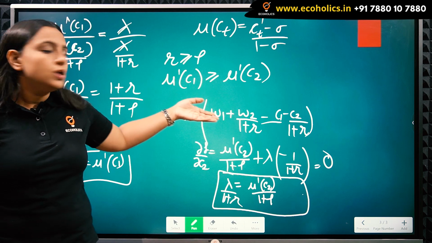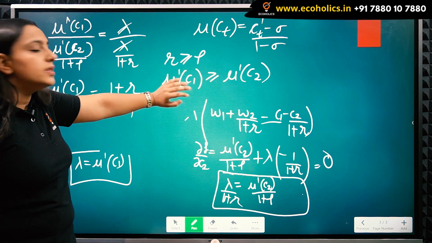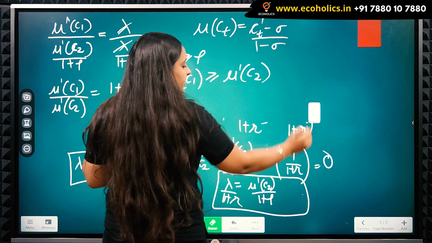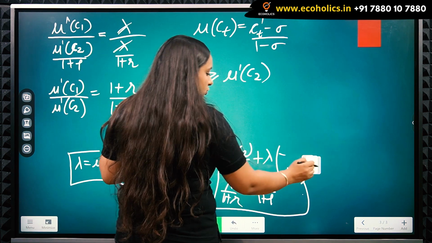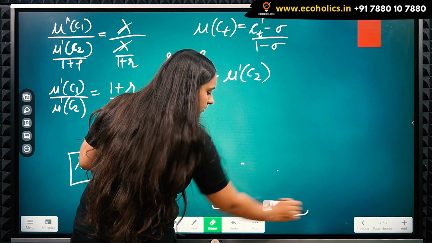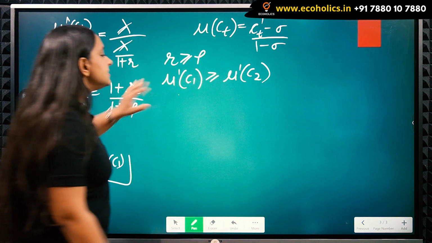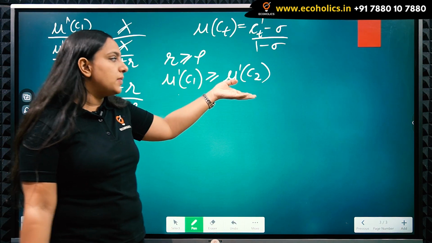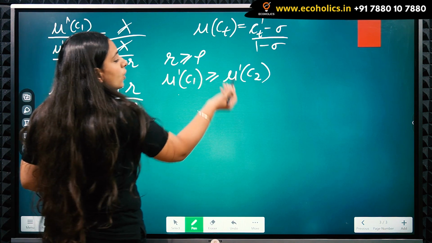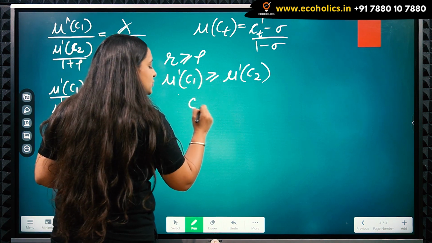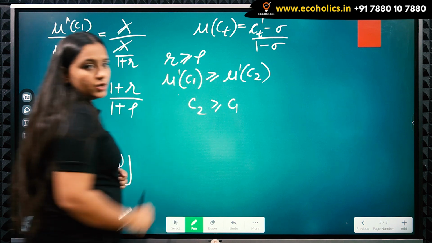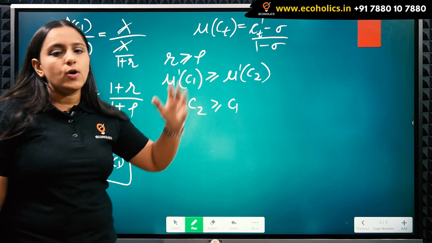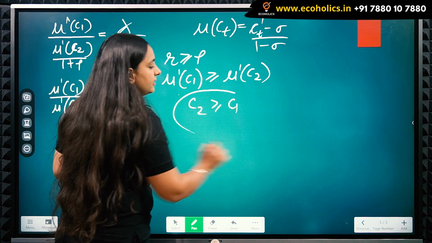So the marginal utility of my first period is greater than the marginal utility of my second period. According to the differentiation rule, my C2 will be greater than C1, because maximization happens when the slope is falling, right? So it means C2 is greater than C1.